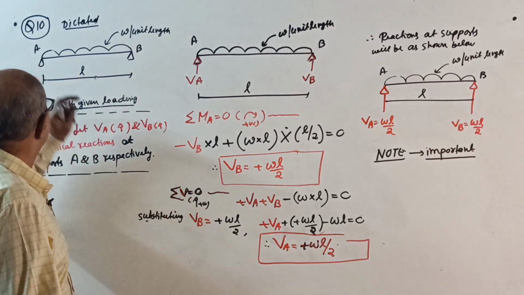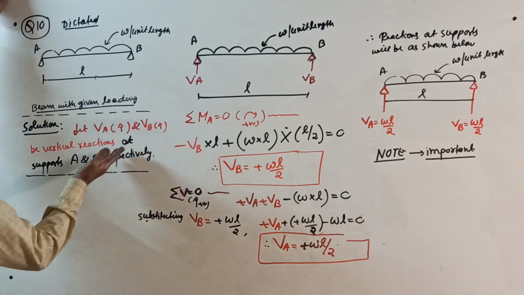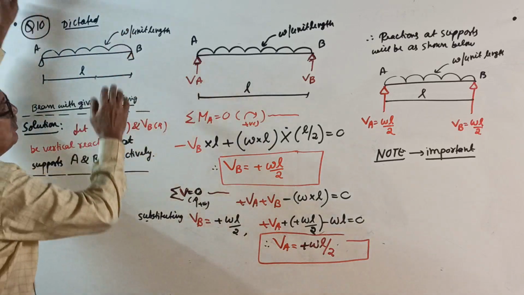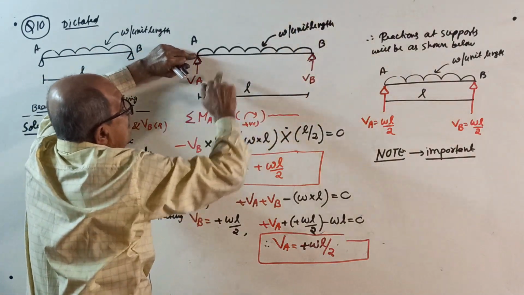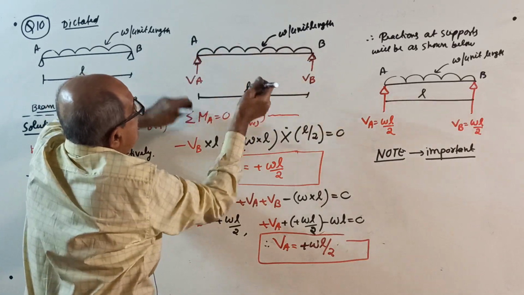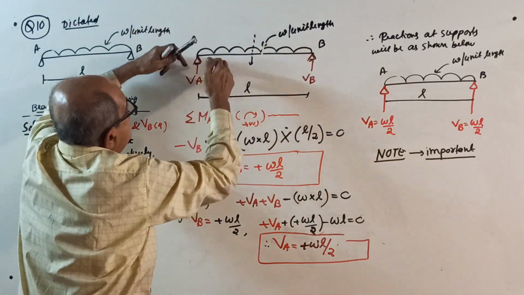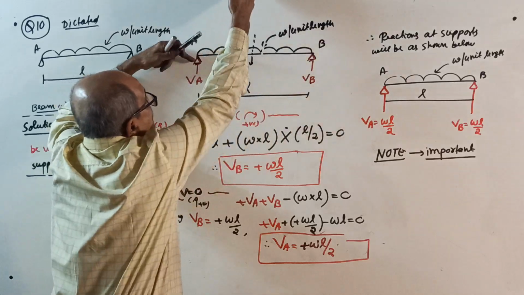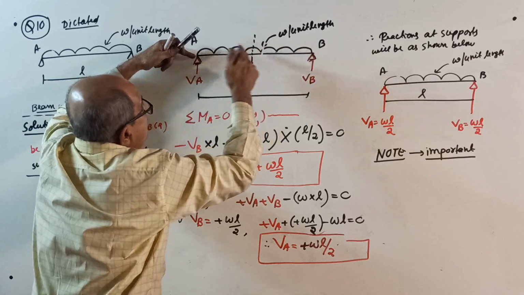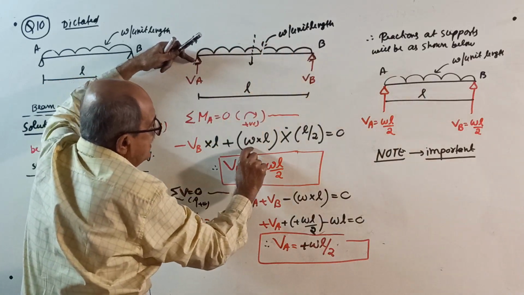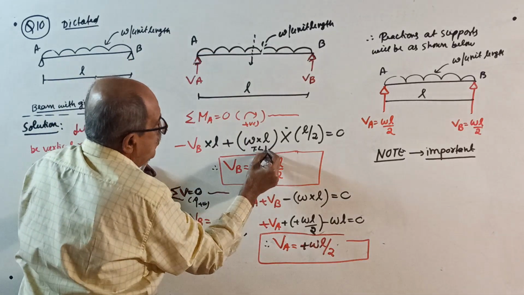Start. Let VA upward, VB upward. Take moment about A. Minus VB into L, downward so plus, W into L is the total load, acting downward.